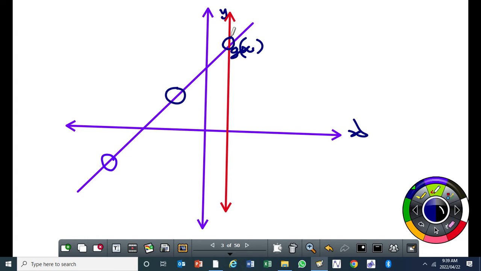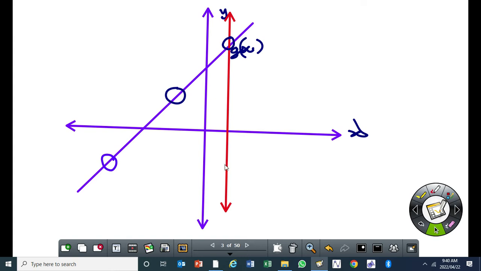So the vertical line is intersecting with the graph at only one point. That's an indicator that the graph is a function. If the vertical line had intersected with the graph at two or more points, then it's not a function. So this is a function.